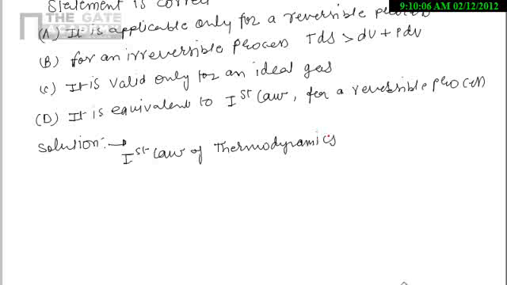So in the first law of thermodynamics, we have del Q equals del U plus del W. If we are talking about pressure-displacement work, then we can write del Q equals del U plus PdV.